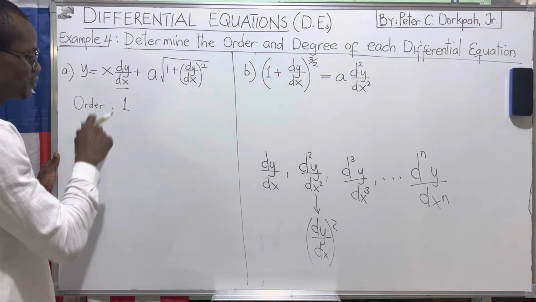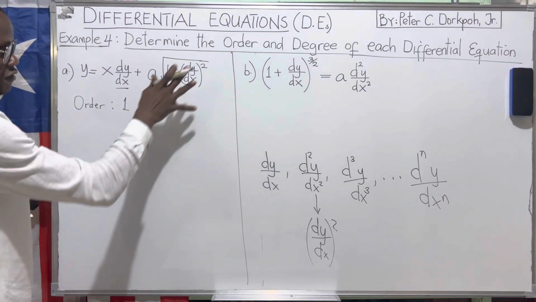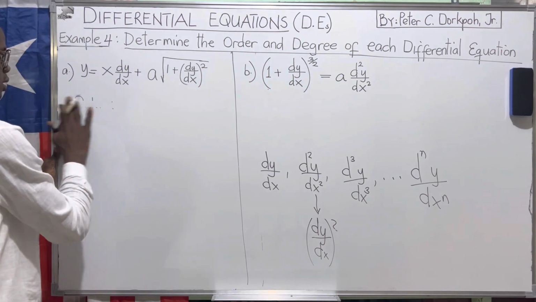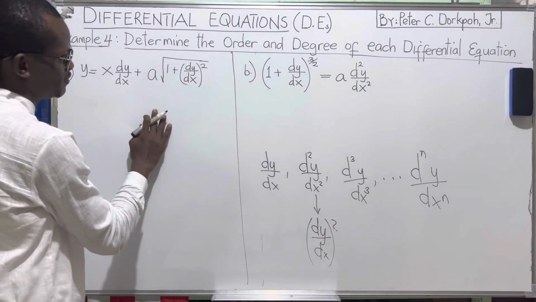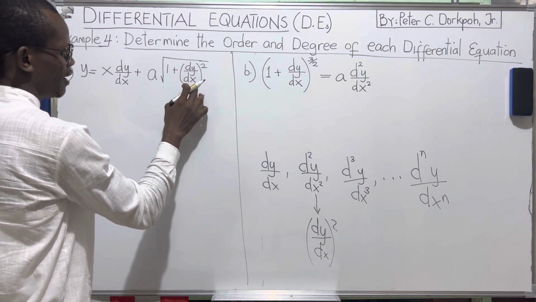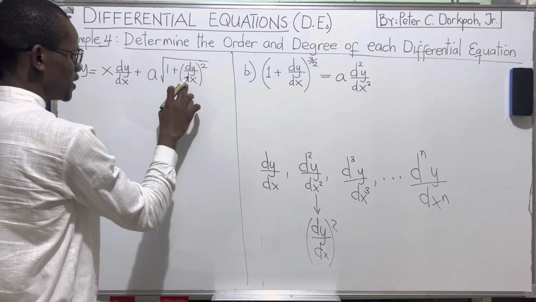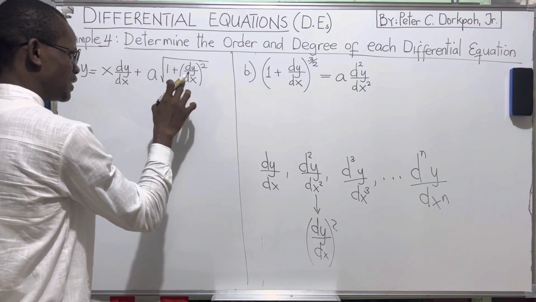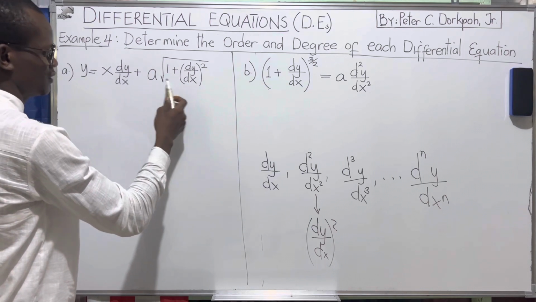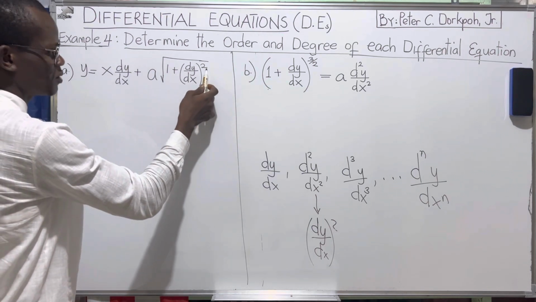To determine the degree now, we must first simplify, because we observe that under this square root, we have a derivative that is raised to some second power.